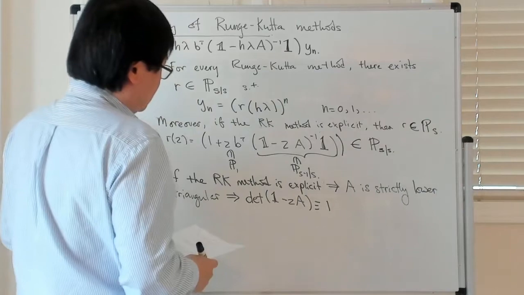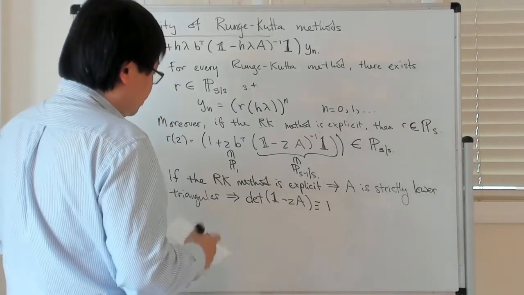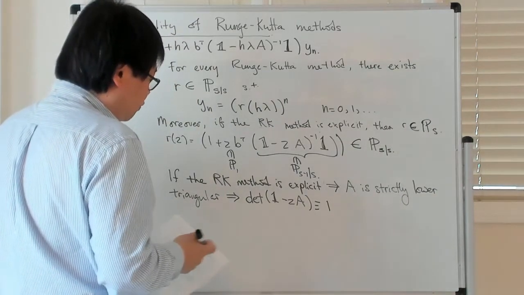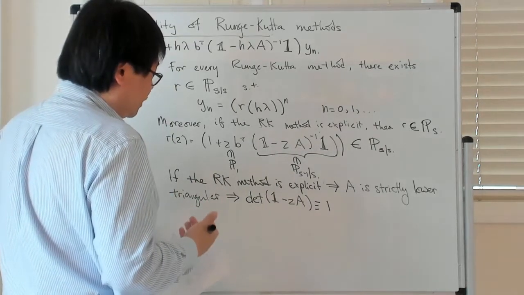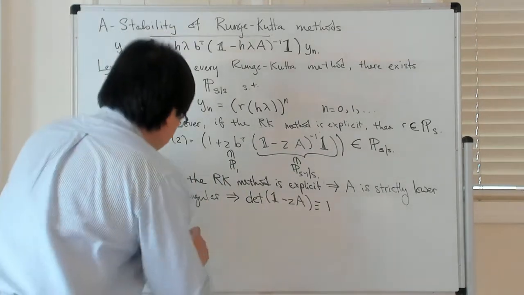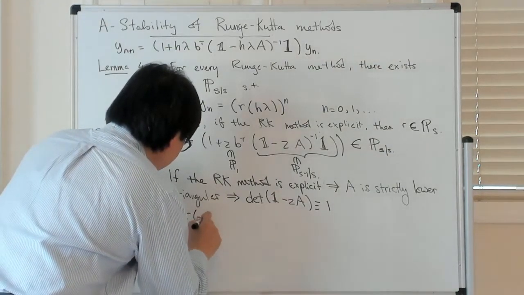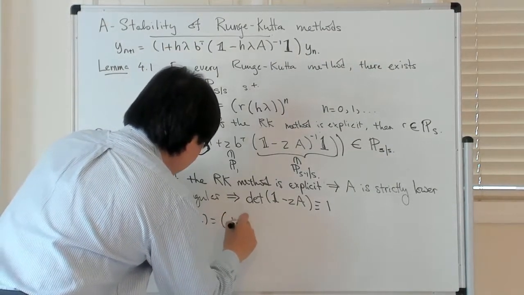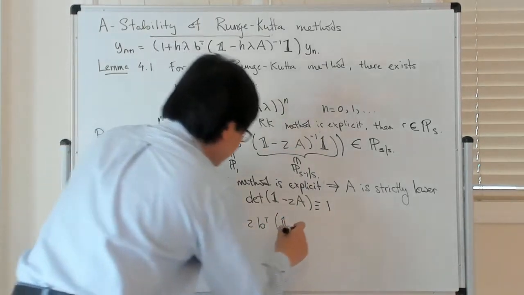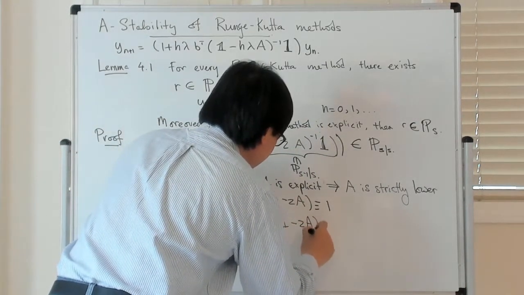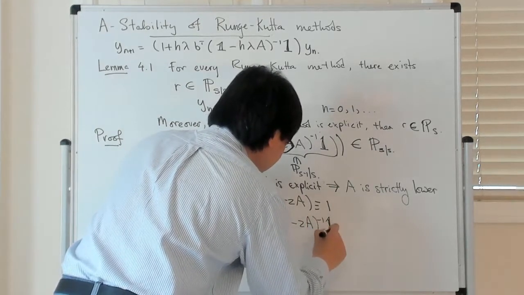And then the adjugate of the identity minus zA is a polynomial of degree s minus 1. So that means that you have R(z) is now 1 plus z b transpose, identity minus zA inverse, times this vector of 1s.